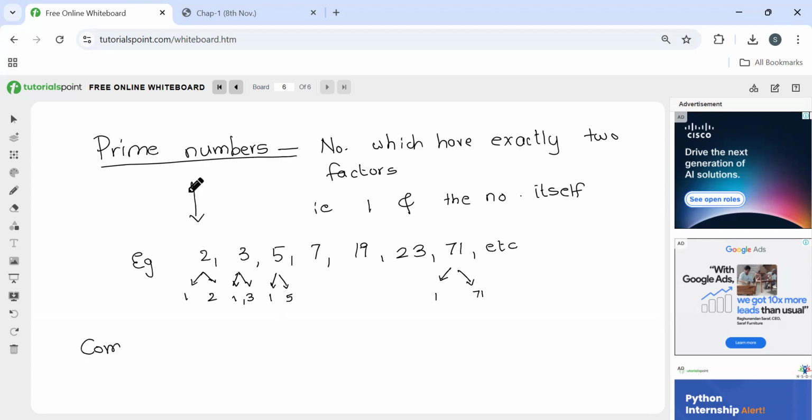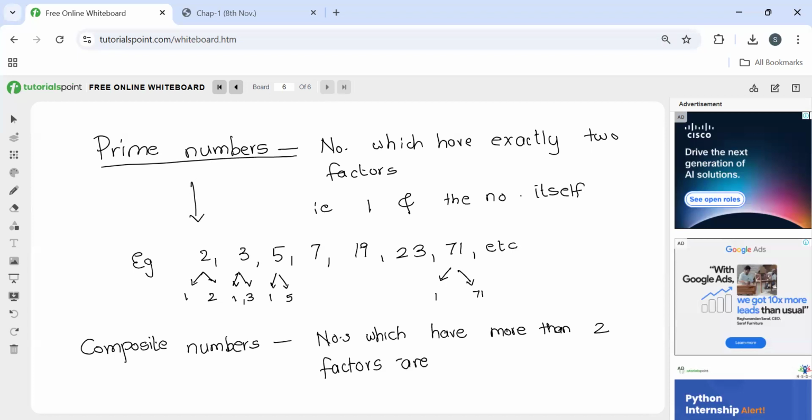Composite numbers are all the numbers other than prime numbers. Those numbers which have more than two factors are called composite numbers.